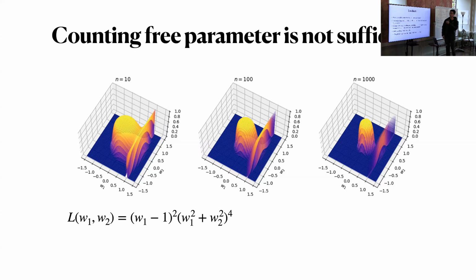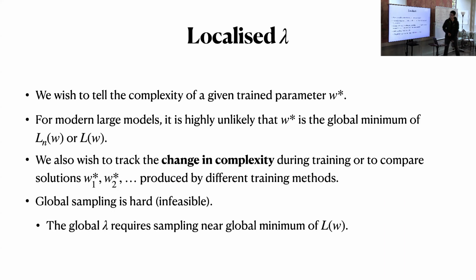Okay, so looking at this picture tells us that we also want a localized version of that complexity measure, so that within one model and within different parts of the parameter space, we can get this notion of complexity or probability mass concentration. So we want to tell the complexity of a given trained parameter locally near W star.